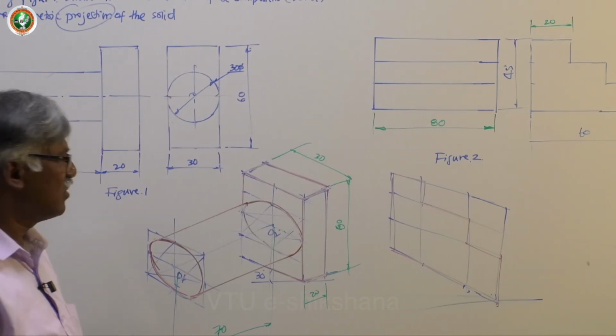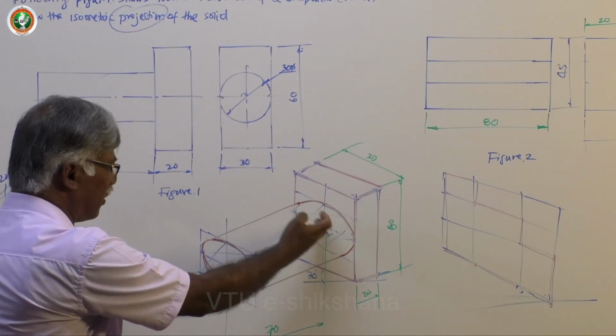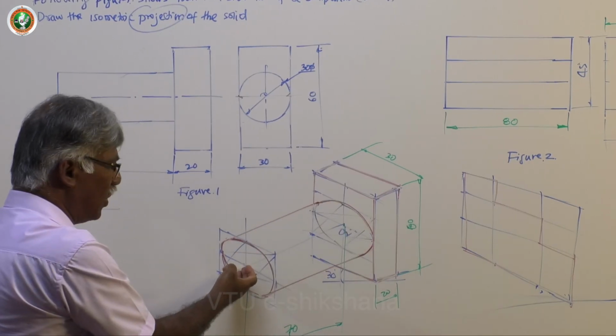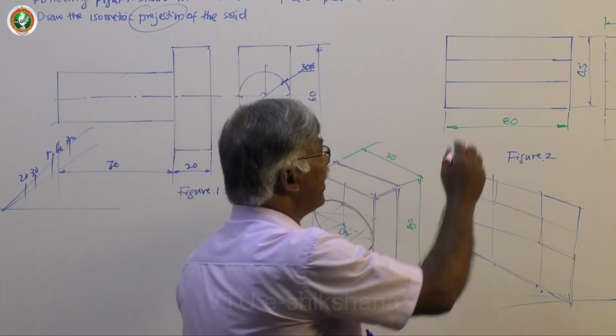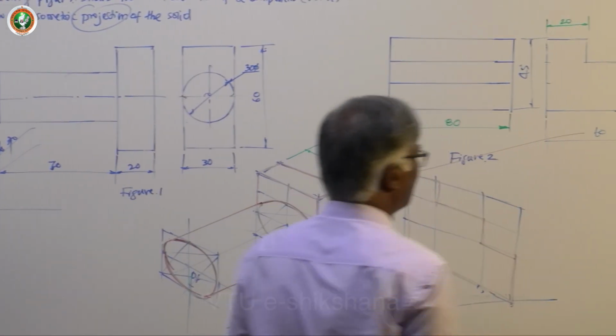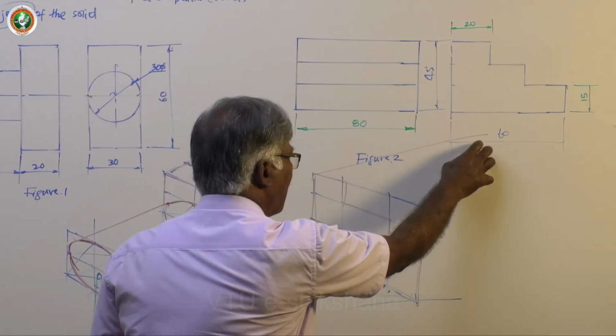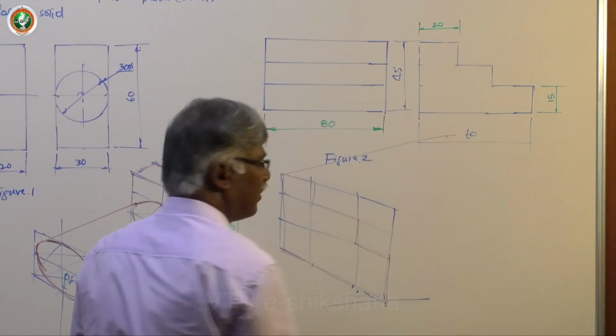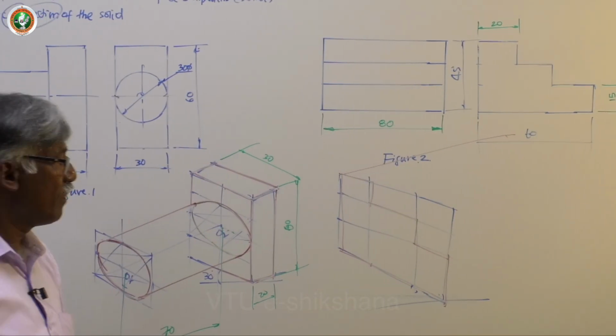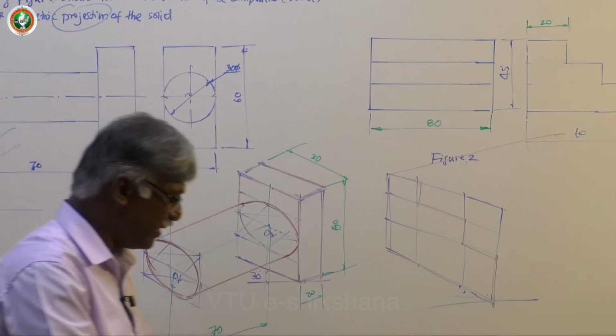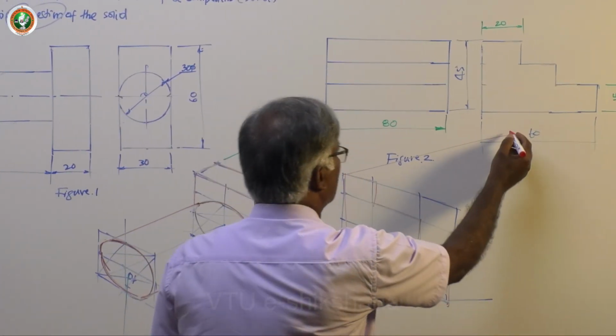The best thing is, as I told you, in the computer, you copy this and move to a given level. You take 60 distance and copy this and place it there with reference to the last point. Or you can just go on drawing lines. See this is 80.